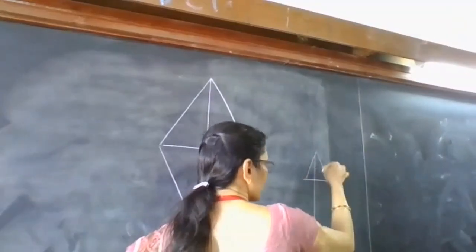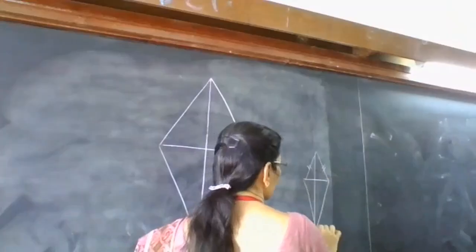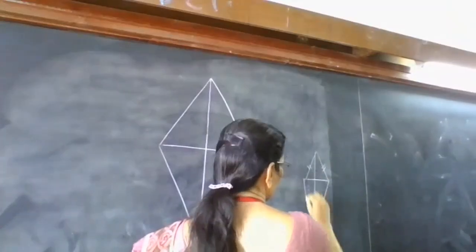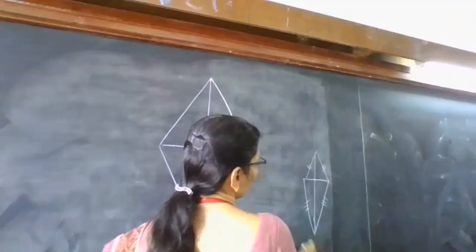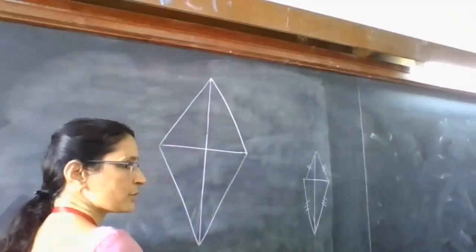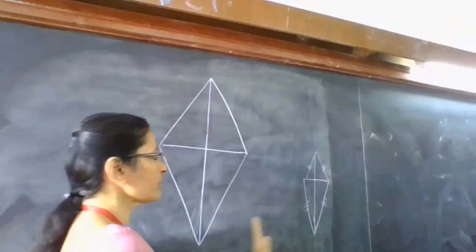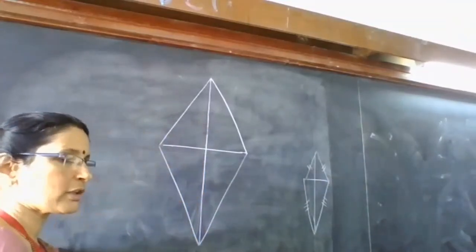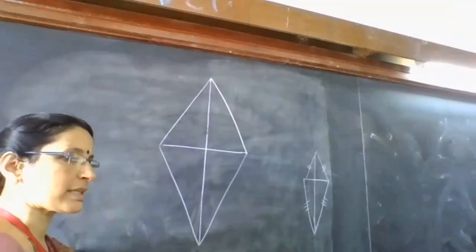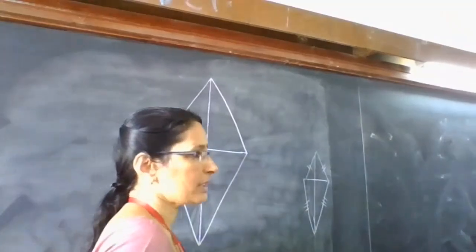The lower one is isosceles, but it is not congruent to the first one. So it's not a parallelogram because the opposite edges are not equal. Parallelogram's basic thing is opposite sides parallel and equal.